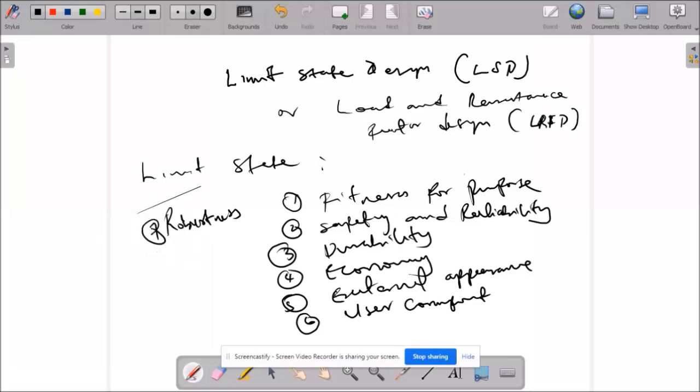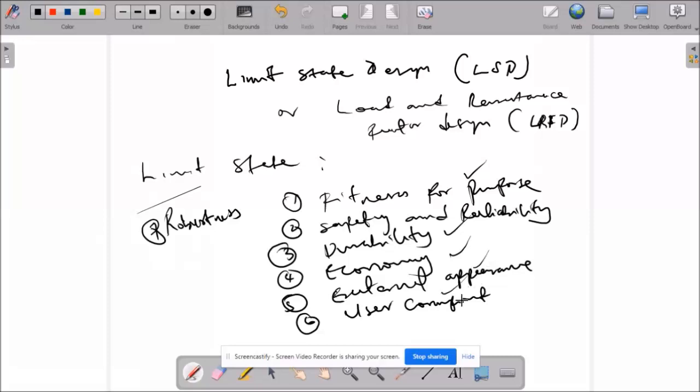Fitness for purpose: the structure should be fit to perform the intended purpose of design. Safety conditions: it should be safe and reliable. Durability should also last. Economy will consider good value for money. Then we'll consider its appearance. It should be free from cracks and other defects.